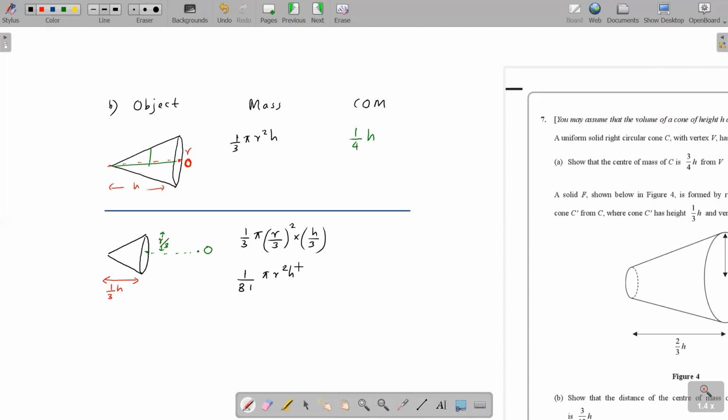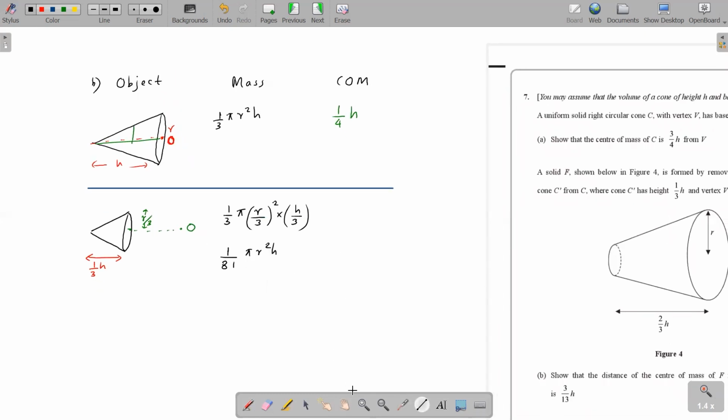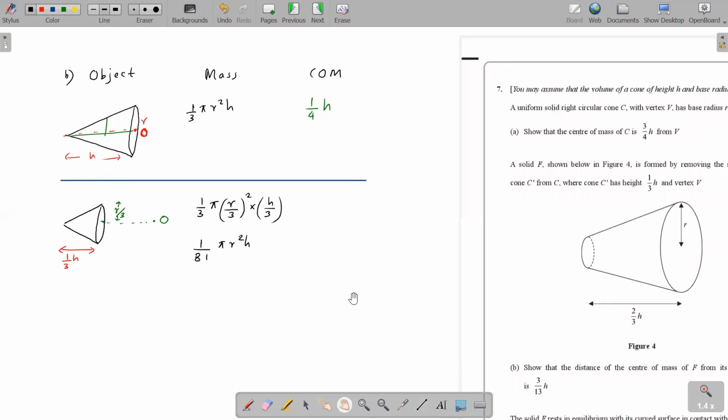Okay, and then the other one, the center of mass. Now be cautious, the center of mass we are measuring from O. Remember, with the center of mass we measure from O. So this remaining distance was 2 over 3h, right? Then from the plane face, the center of mass of the cone is 1/4 of its height.